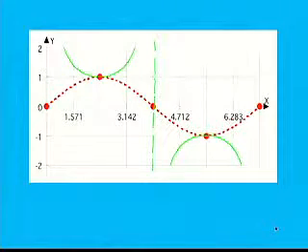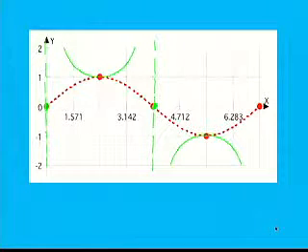So we see a vertical asymptote there and here. And again, as a reminder, this is pi over 4 for this vertical asymptote, and this vertical asymptote is 5 pi over 4. And then we see our U-shaped graphs, which are the green graphs, which gives us y equals cosecant of x minus pi over 4.